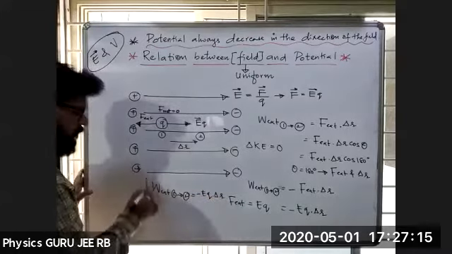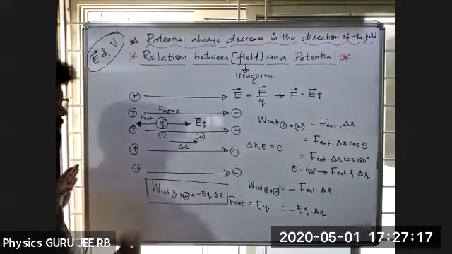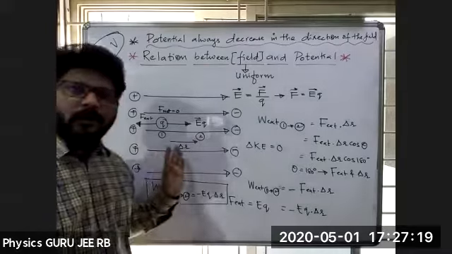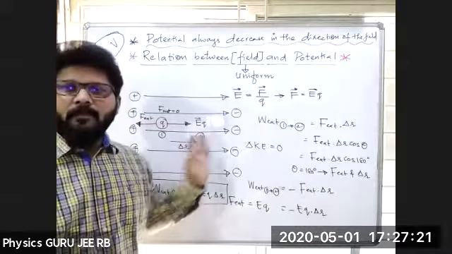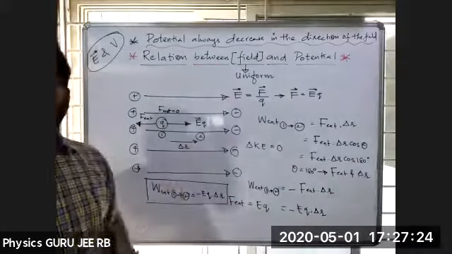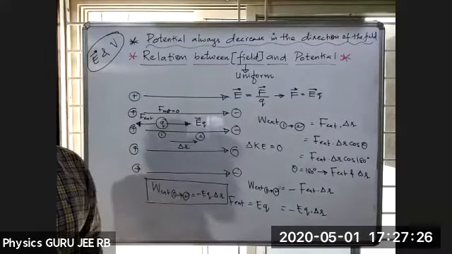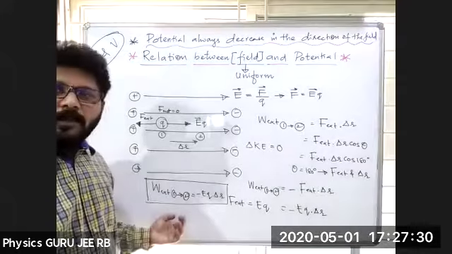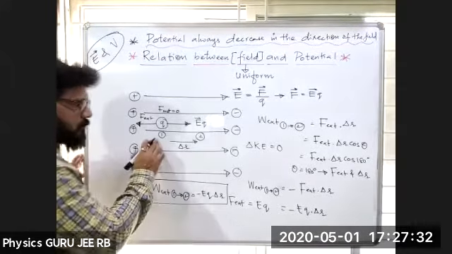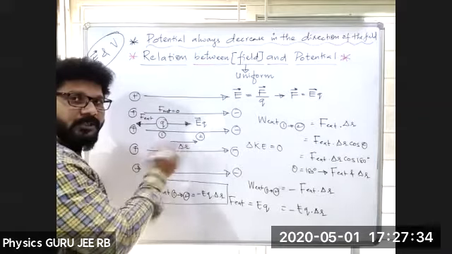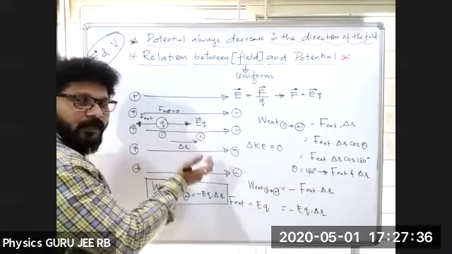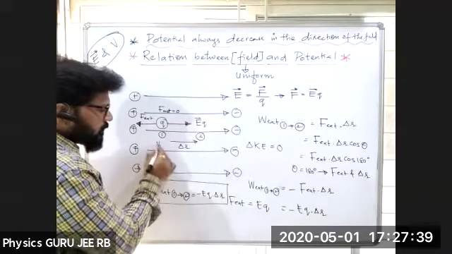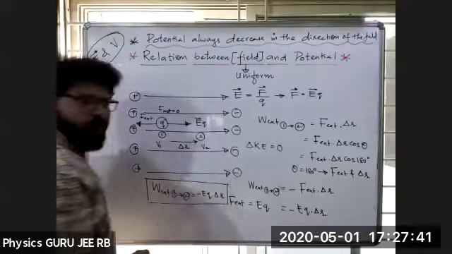So you can keep this as the work done to move a charge from one point to another point in a uniform electric field. Why did I do this? Because if I know the work done, I can calculate the potential. How to calculate the potential? Here this is V1, and this is V2.